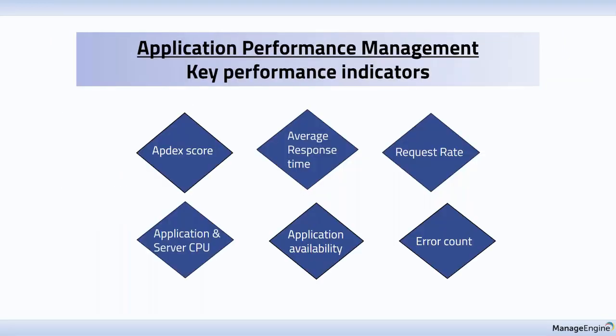Let's see a few KPIs in application performance management. Apdex score, average response time, and request rate are a few KPIs which are required. Application performance index score and response time are the most widely used metrics of performance, which is a direct measure of how long it takes the web server to process your request.